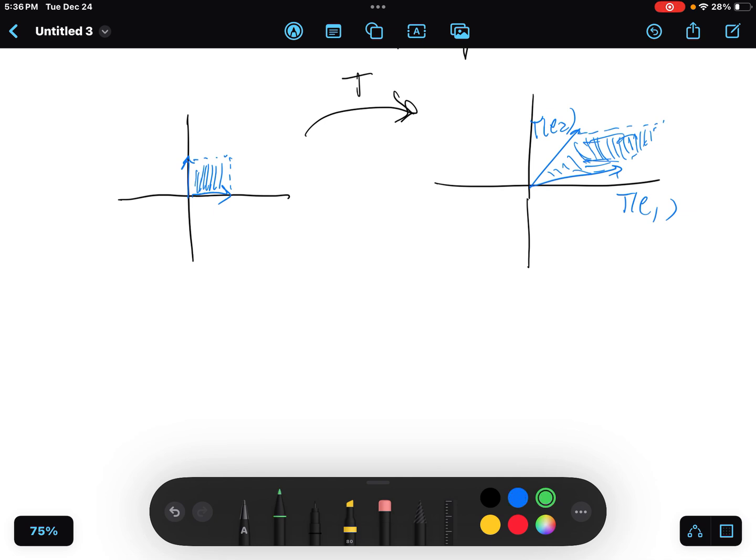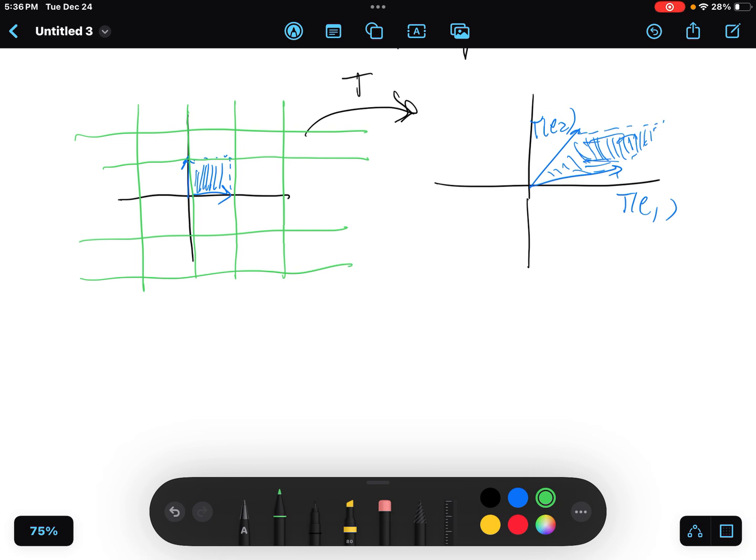And similarly, you can tessellate R2 by these squares, and the corresponding squares will go to the corresponding parallelograms. So for instance, let's call this yellow.